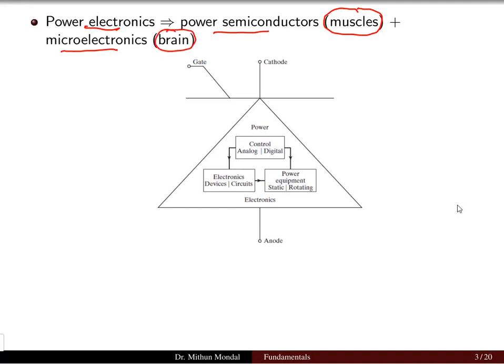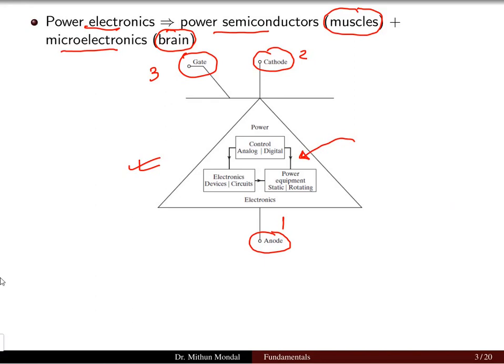If you see the entire aspects of any power electronic device, you will have the terminals such as the anode, the cathode, and there is one more terminal, that is the gate. So basically you have three important terminals. Now here all aspects of power controlling in the solid state devices generally take place.